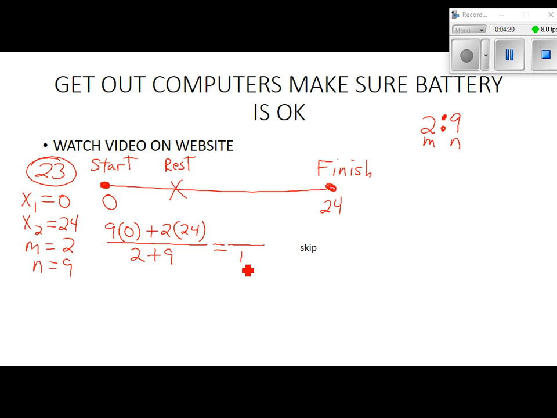So we can just write that down. Anybody get the top yet? 48. Now what are we gonna do with that? Divide it. So 48 divided by 11, calculator again. 4.36. Now it said go out 2 places, so 4.36. That's our answer. That's part A, sorry.